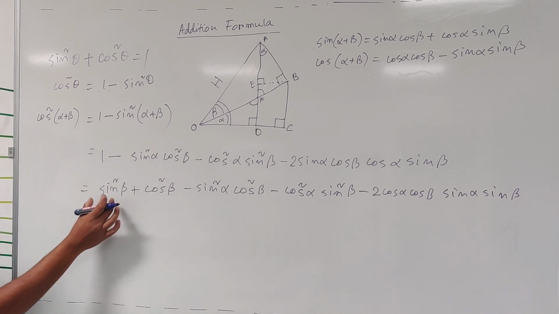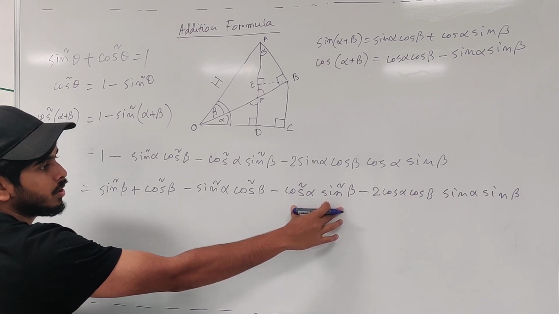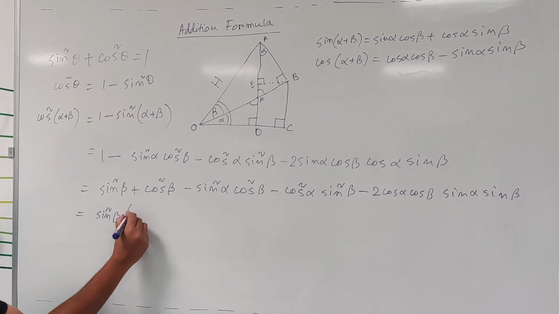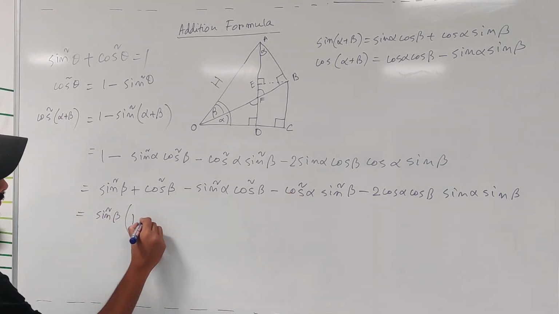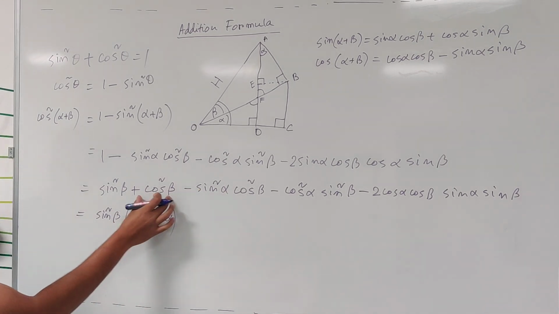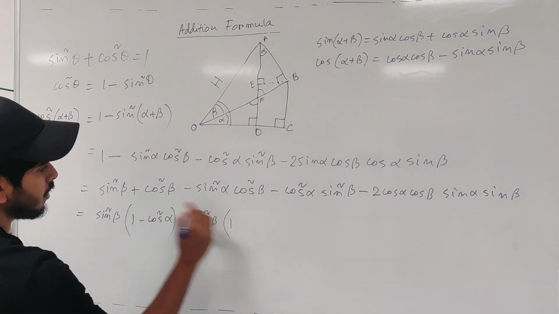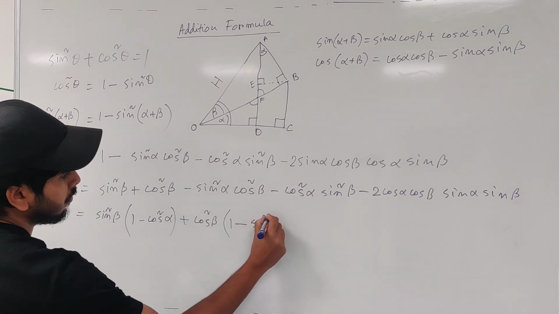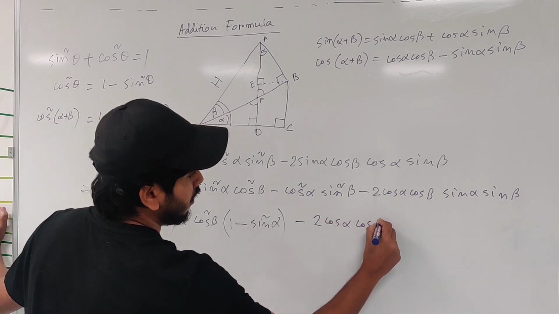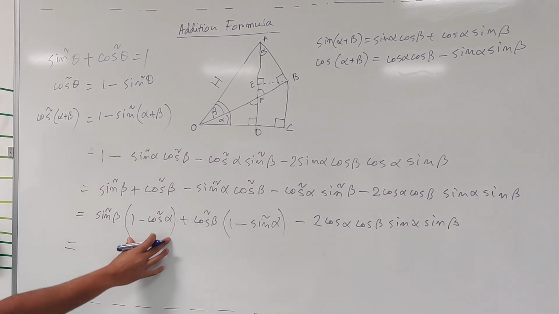Now from this guy and this guy, if I take sine square beta common, what do we get? Sine square beta times 1 minus cos square alpha. And from this guy and this guy, if I take cos square beta common, I'll have 1 minus sine square alpha, minus 2 cos alpha cos beta sine alpha sine beta. Now again, what is 1 minus cos square alpha?